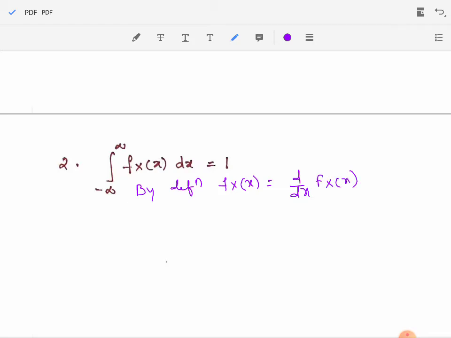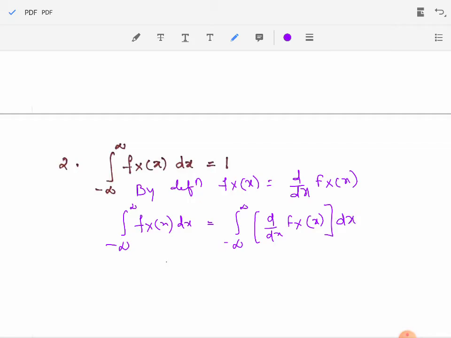Now integrating on both sides, integral from minus infinity to infinity of f_X(x) dx is equal to integral from minus infinity to infinity of d by dx of F_X(x) dx. Integration and differentiation get cancelled, so it is F_X(x) between the limits minus infinity to infinity.